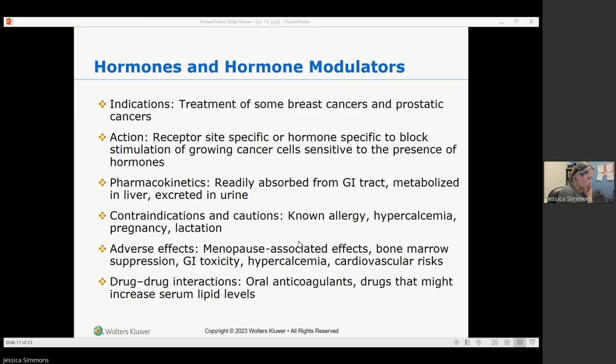I want you to look at the nursing administration on page 350: monitor for dysrhythmias and assess breath sounds, monitor CBC and calcium levels, monitor fluid status, monitor weights weekly and report weight gain, increase calcium and vitamin D intake, reduce bone loss with weight-bearing exercises, and prevent pregnancy during this therapy.